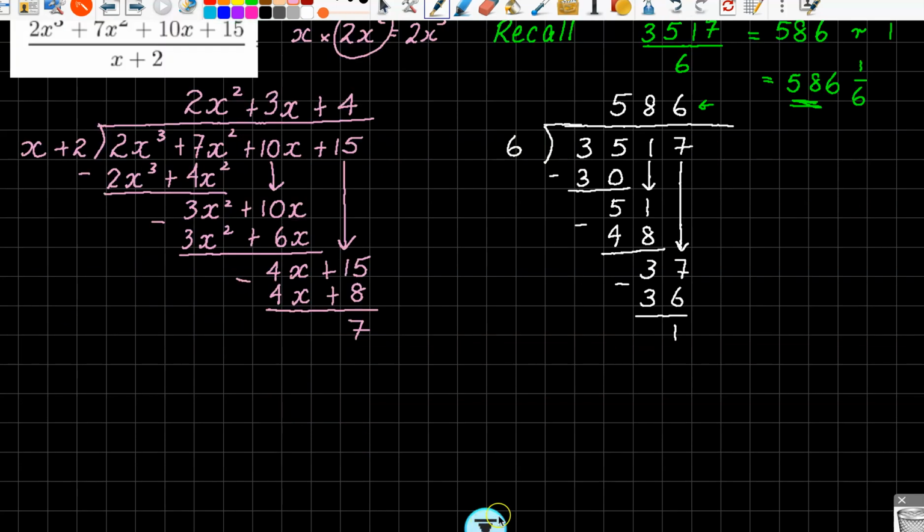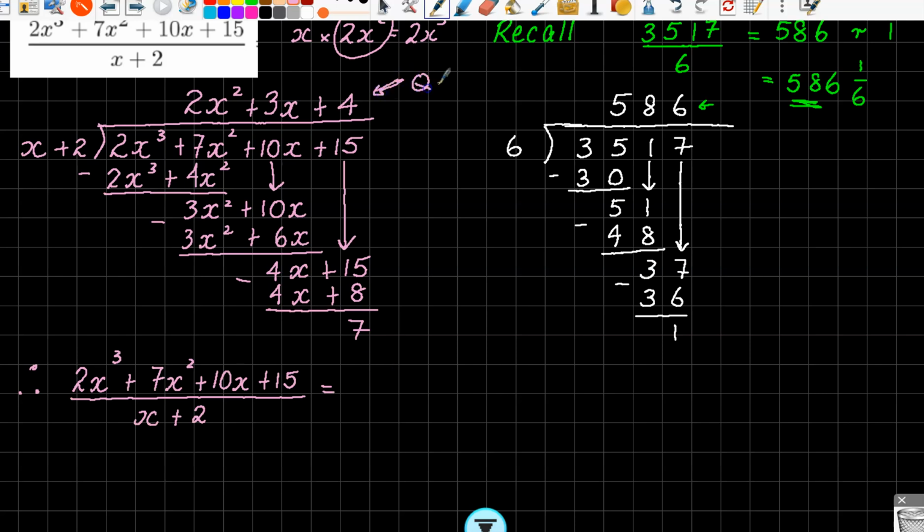So what we can now say is, therefore, our 2x cubed plus, just rewrite, okay, so that's going to equal our answer up here. That's like our q of x there. Oops, don't want to delete the whole screen. That would be a disaster. Okay, so this is our q of x, and then we've got our remainder here.